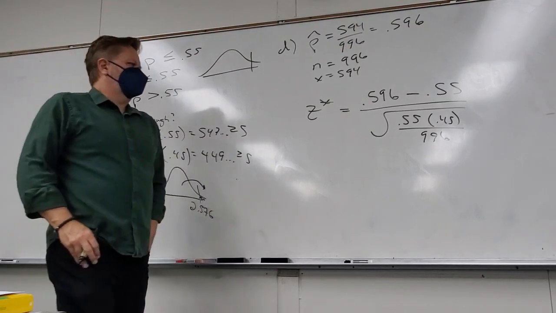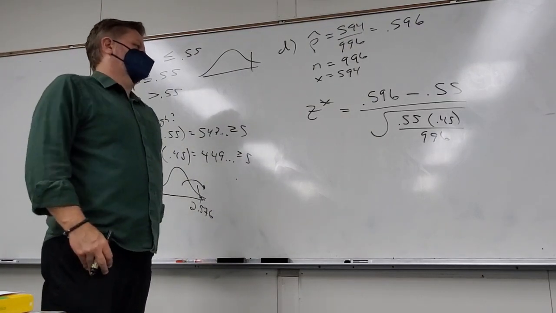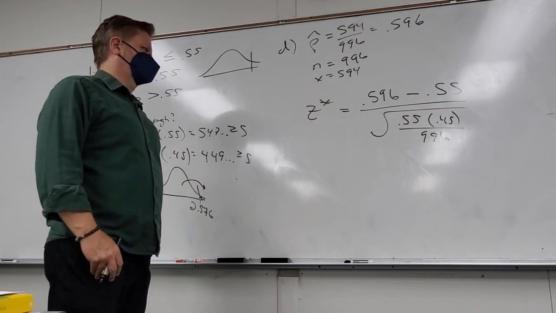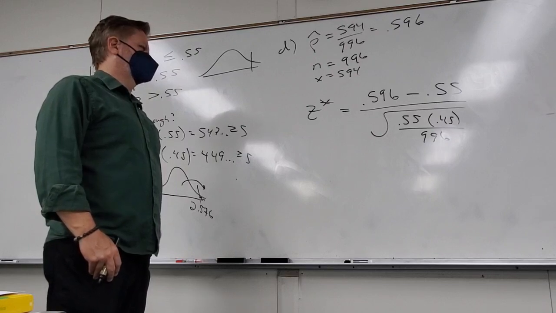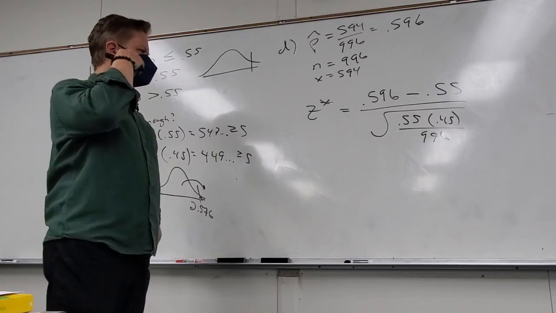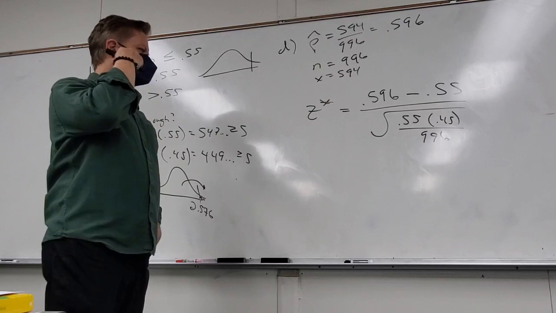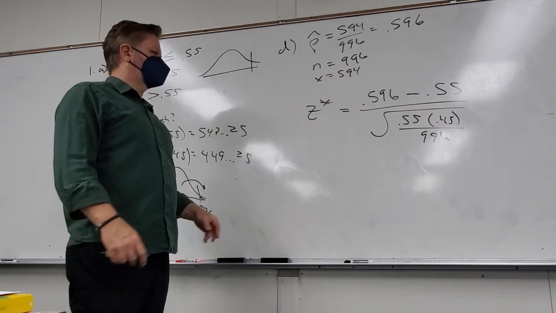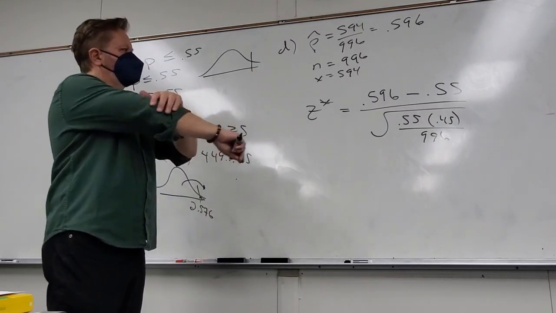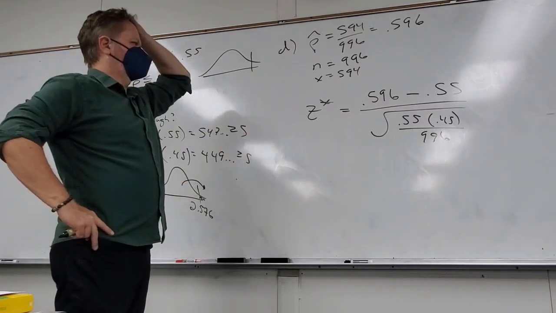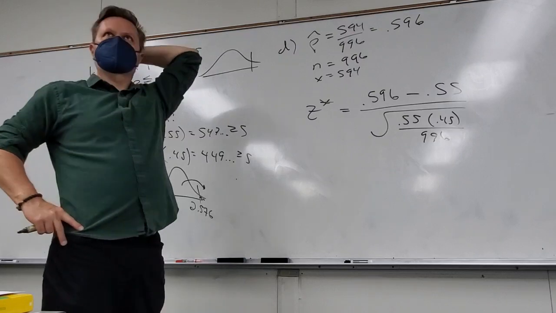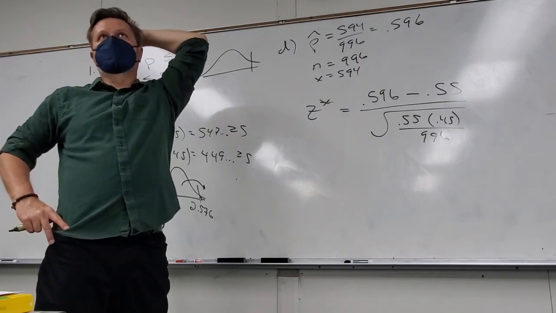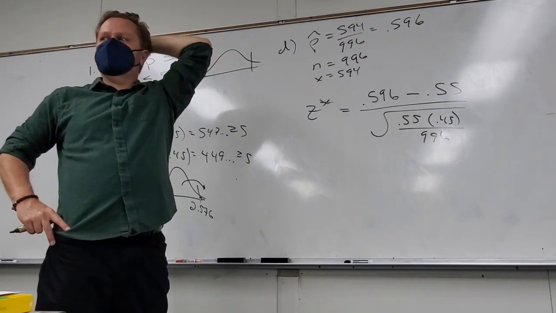Let's see. 1.5 over the square root of 10, which is like 30. 6.16, so 0.016. 0.16 is 2.9 something.